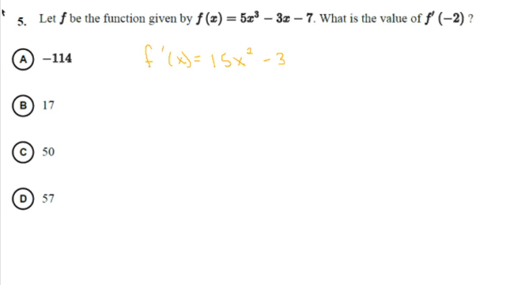We see there is no calculator symbol on here, so this is meant to be done without a calculator. F prime of negative 2 equals 15 times negative 2 squared minus 3. That's 15 times 4 minus 3, which is 60 minus 3, equals 57.